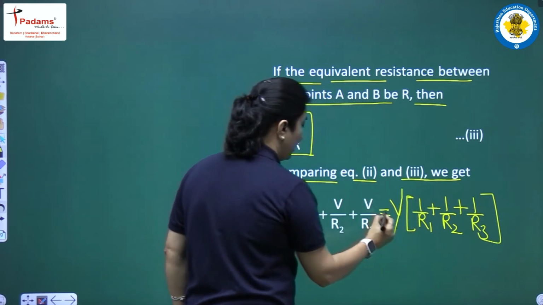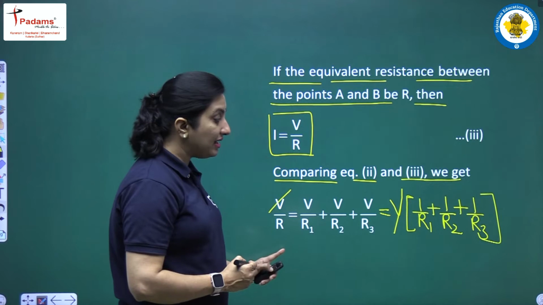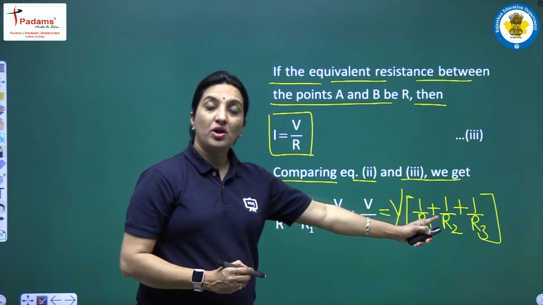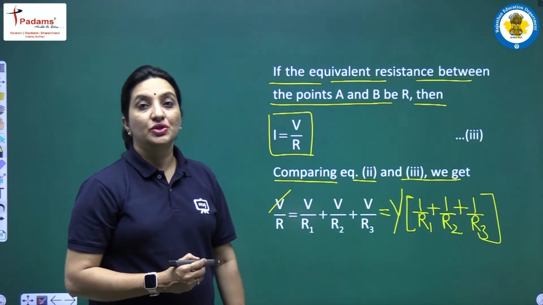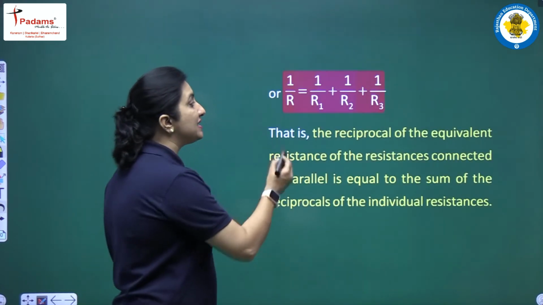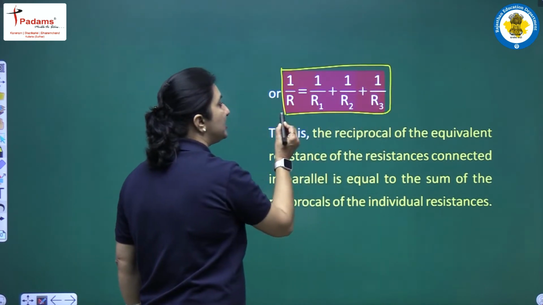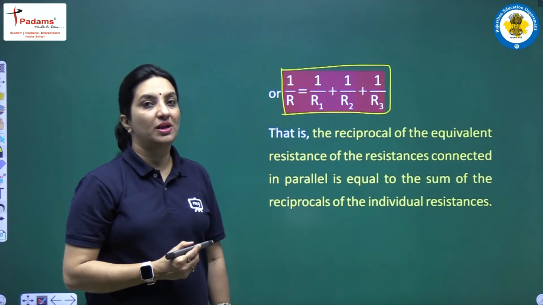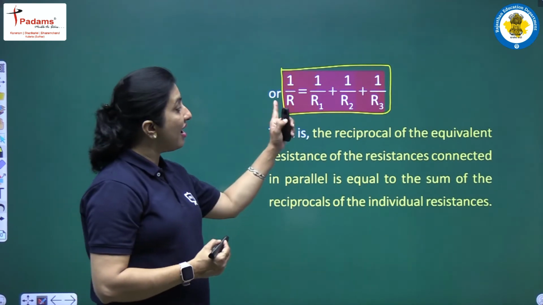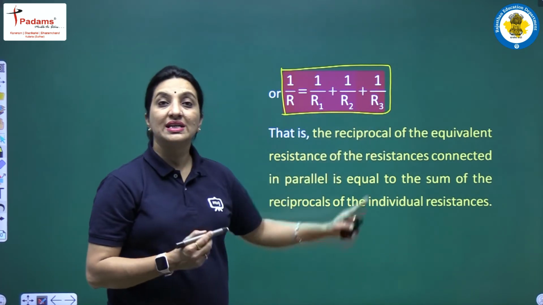Now this V will cancel out with this V, so we will be left with 1 upon R here and 1 upon R1 plus 1 upon R2 plus 1 upon R3 here. So what we will get is the equivalent resistance: 1 upon R is equal to 1 upon R1 plus 1 upon R2 plus 1 upon R3, where R is the equivalent resistance of these three resistors connected in parallel.